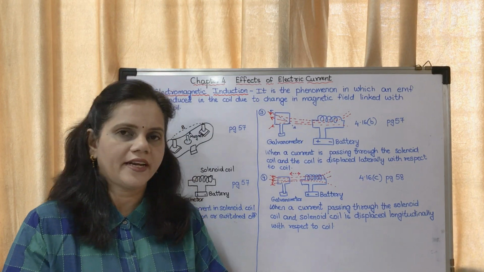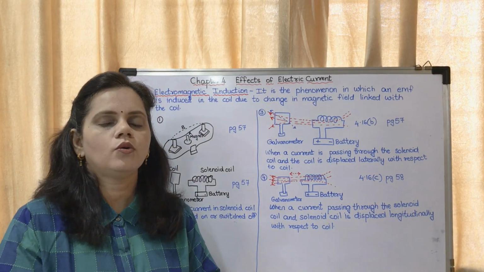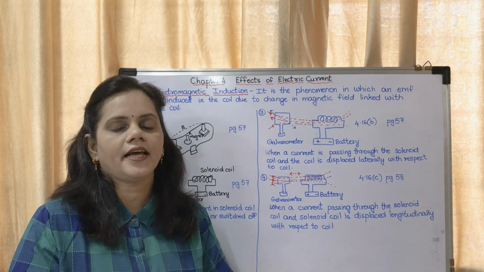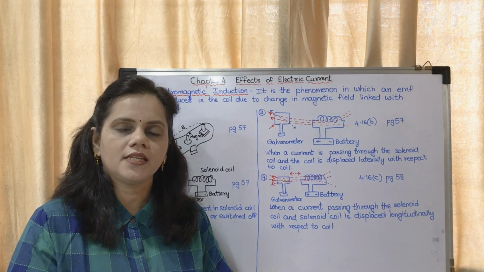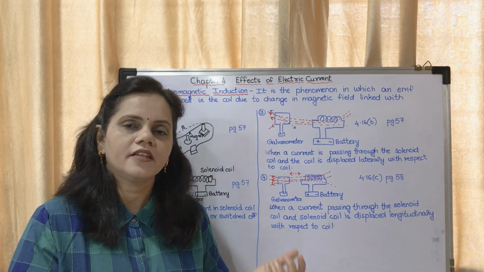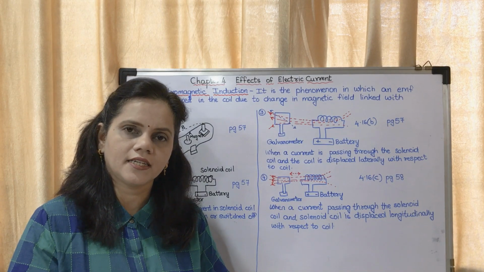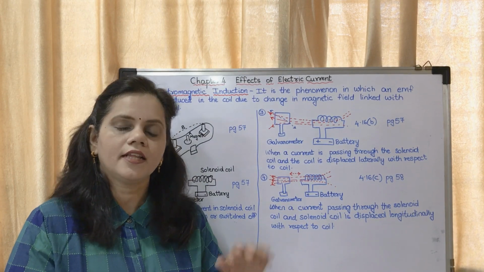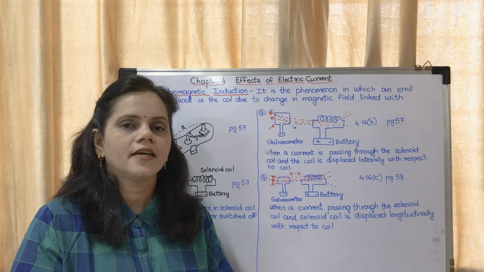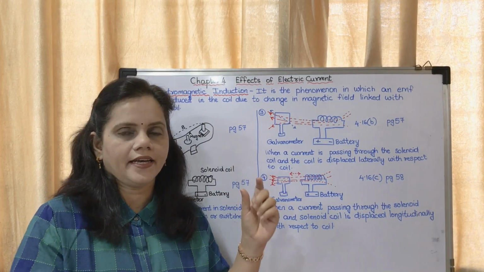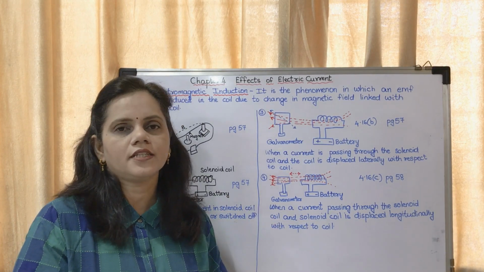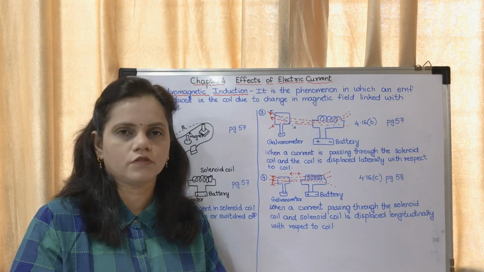Now Michael Faraday was a scientist who found out that if a current carrying conductor experiences force in magnetic field, then if the force was applied on a conductor in a magnetic field, then the current could be produced. Okay, that means if the wire is placed in a magnetic field and if the current is passing through the wire, then the wire moves.